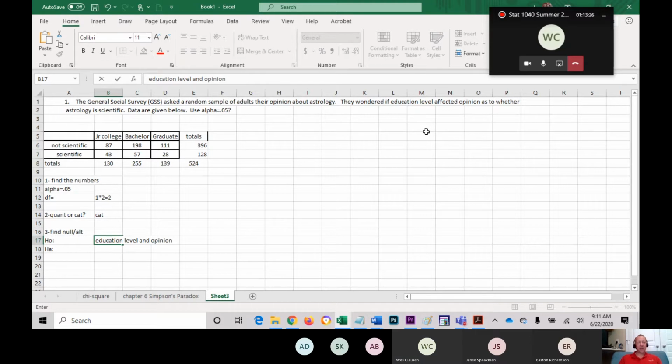This is a chi-square test of independence. So I need independence or not independence. Is that the null? Which one says that it doesn't matter? The null says it doesn't matter.